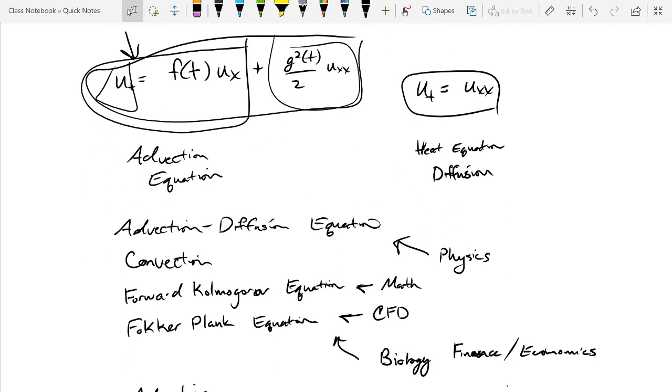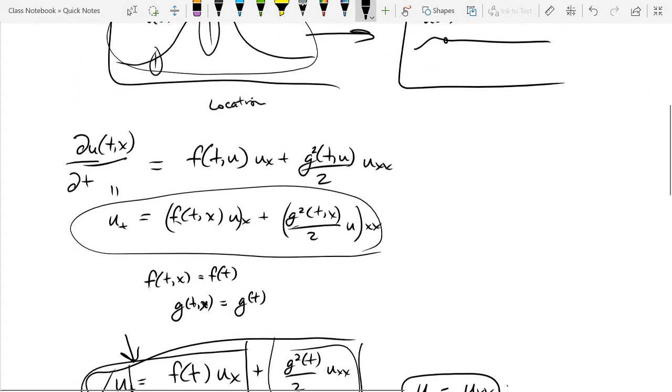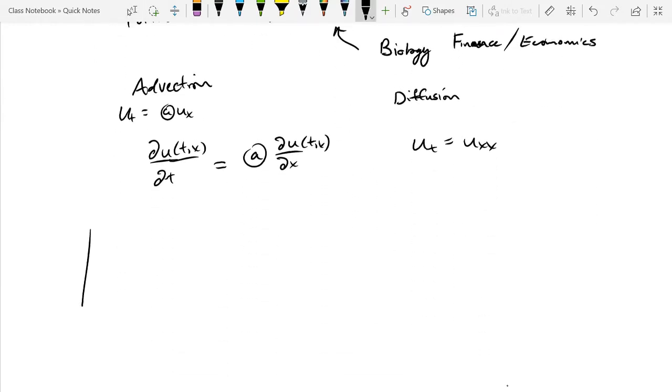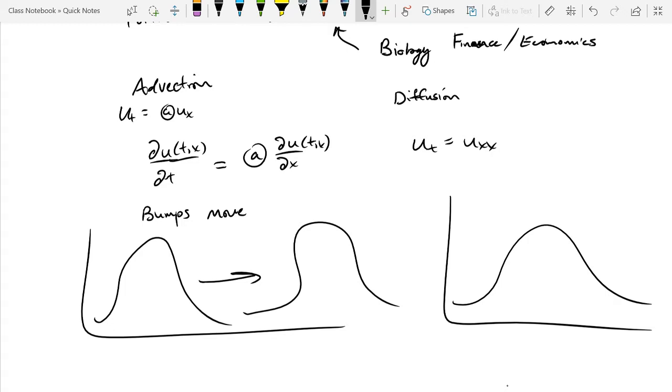That makes sense, right? This other term, though, this drift term, gives you the advection equation. And the solution to the advection equation looks like, if you have a bump here, it evolves over time to just move. So the advection equation is how bumps move. And then the diffusion equation is just, if you have the thing here, then you have the thing spread out. The diffusion equation is how bumps spread.